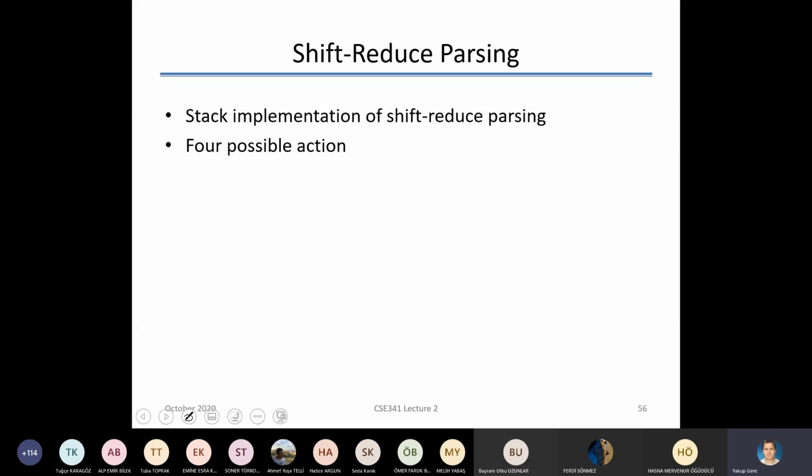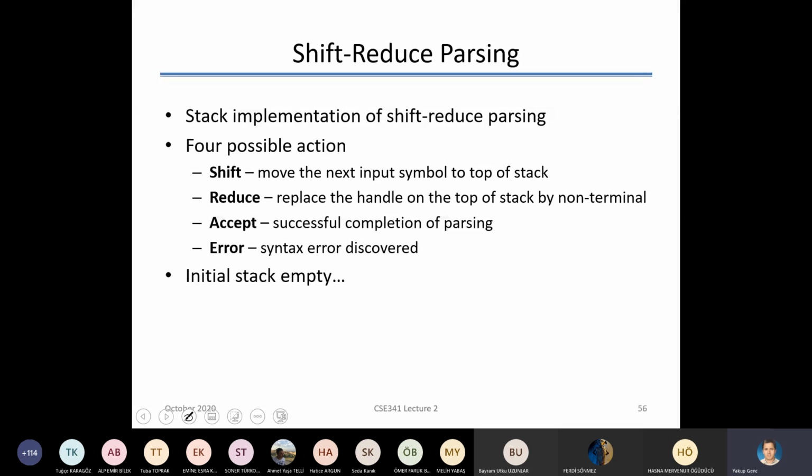There are 4 possible actions. Depending on your input and your current handle, you have a possibility of a shift, meaning you move the next input symbol on top of your stack. This is the scanning of input part.